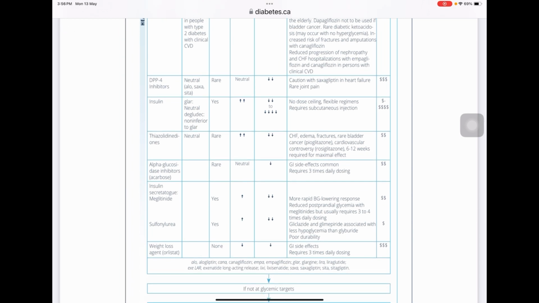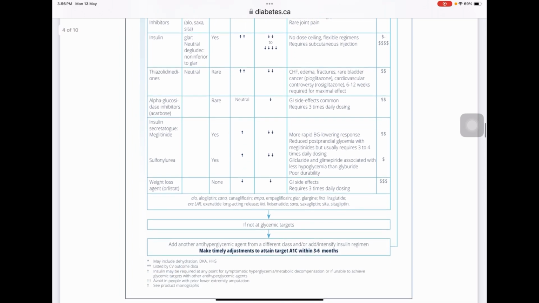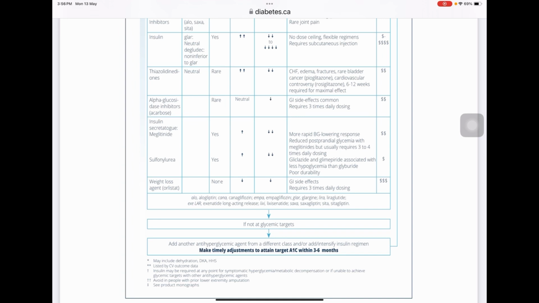Weight loss, orlistat may cause weight loss, and GI side effects are associated with orlistat, and it also requires 3 times daily dosing, right? So if glycemic target is not met, then add another anti-hyperglycemic agent from a different class and intensify the insulin regimen. So let's say we have given the patient metformin and another drug.